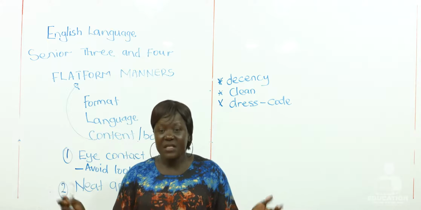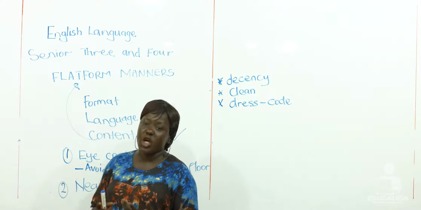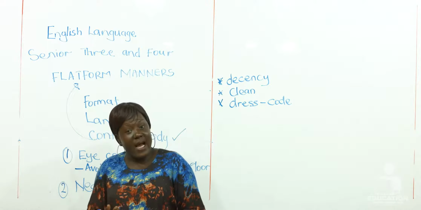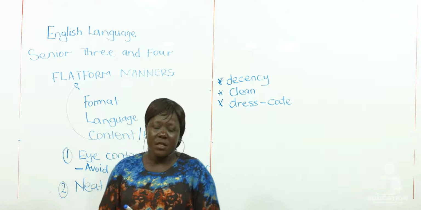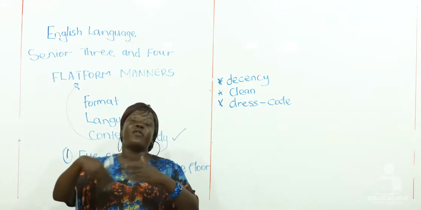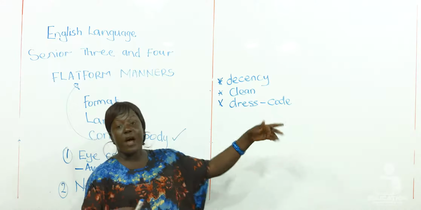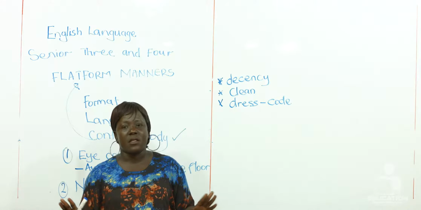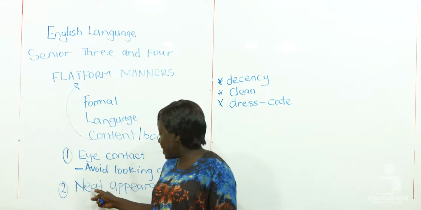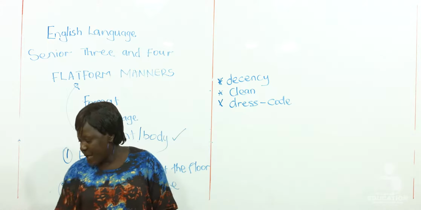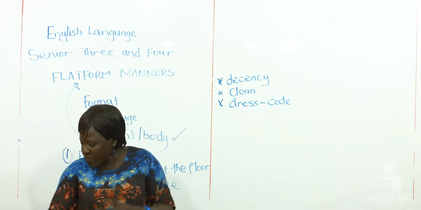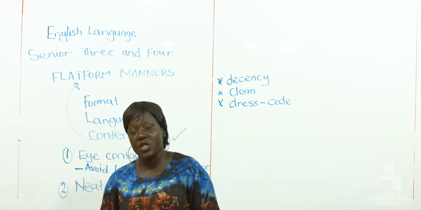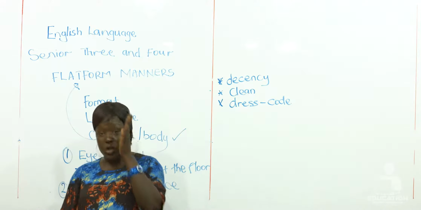So you rather stick to a little bit dull color, but not too dull. You can color it a bit. You have to style up a little bit, but not too much. In this way, you would have not overdressed and you would have not underdressed. Just be simple but smart. We are still talking about neat appearance. As I told you, you must be guided by the culture of that particular audience. Therefore, you will not go wrong.